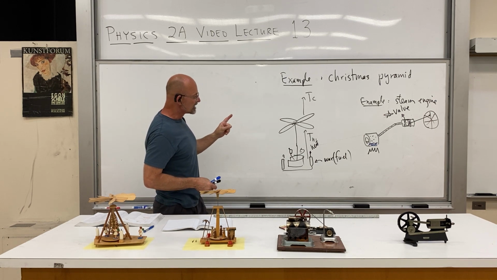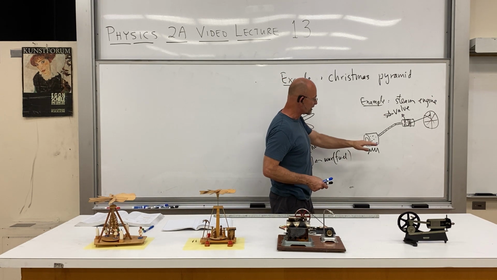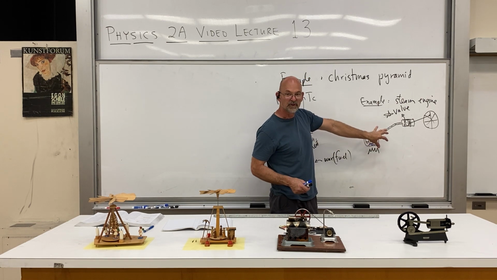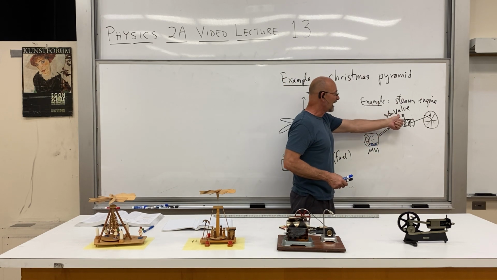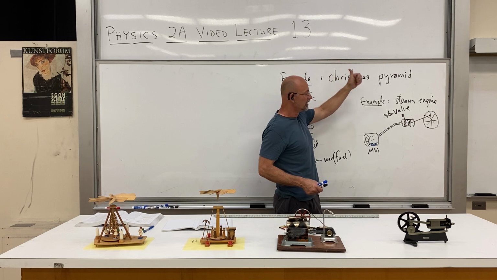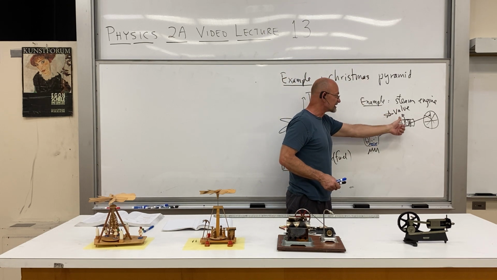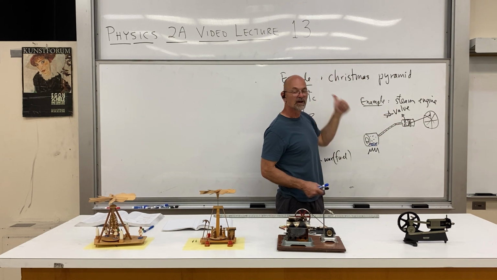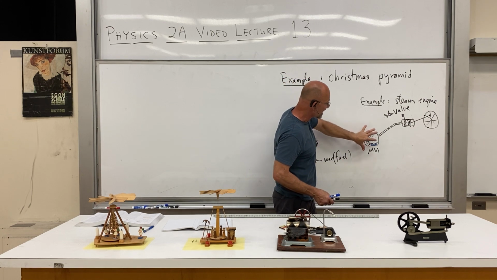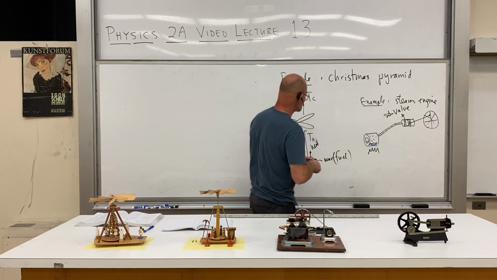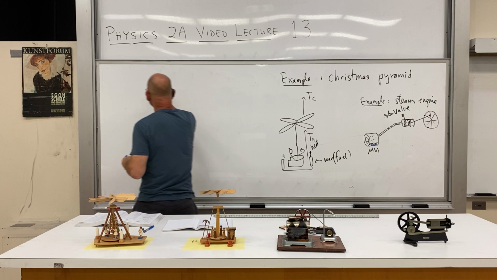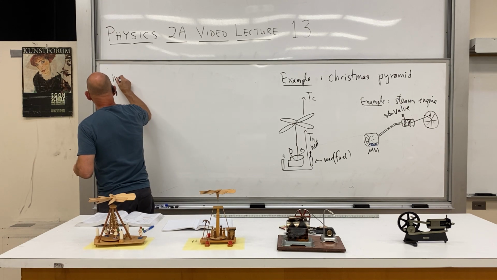The steam engine has a real separation of high and low temperature because the boiler temperature is very high. The air outside where the valve releases the steam to the air outside is much lower temperature. So we again have a high and low temperature separation. So I'll put this as an important point.